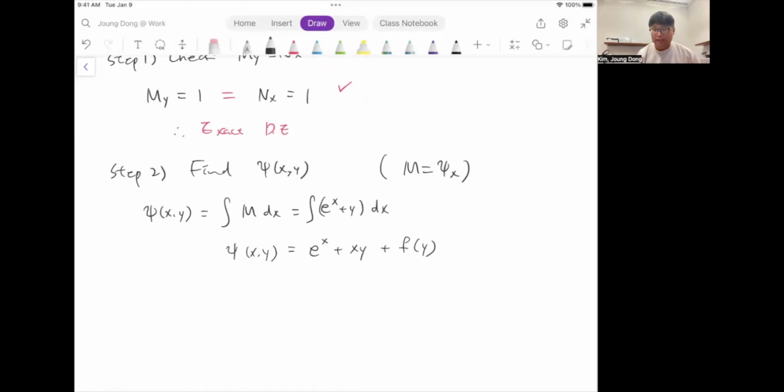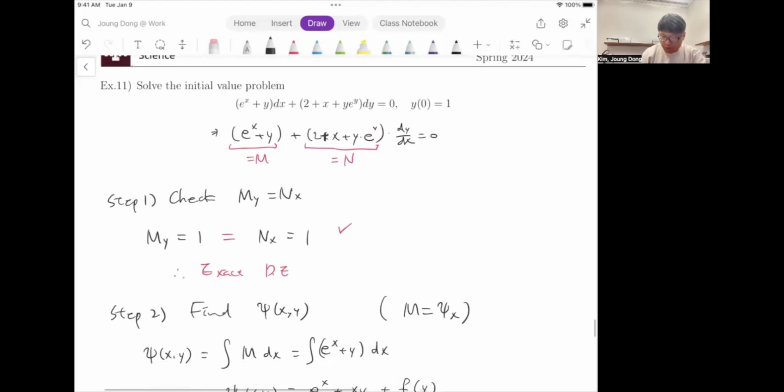Then we have to find f of y. For that purpose, it's time to use N. Your N is psi_y, okay? Then let me take the derivative with respect to y. e^x prime equals 0, and xy prime is x. And df/dy, it might be better to write as ODE, must be equal to your N. What is my N, by the way?